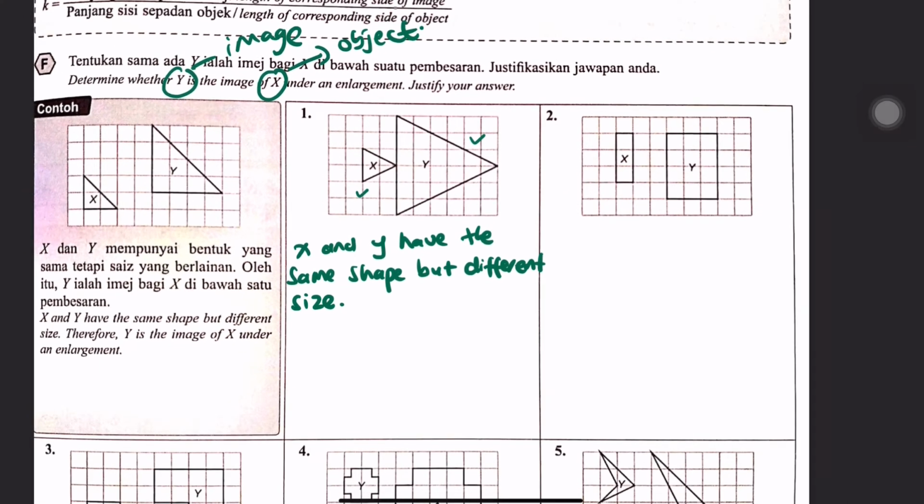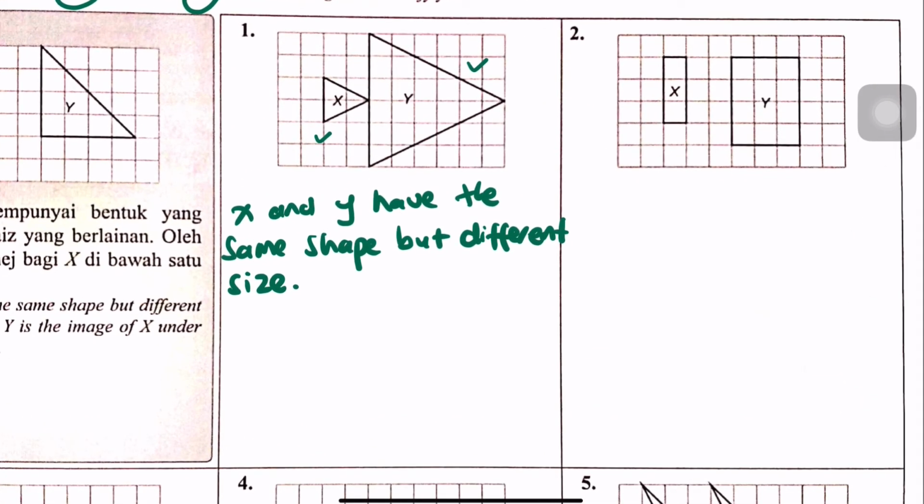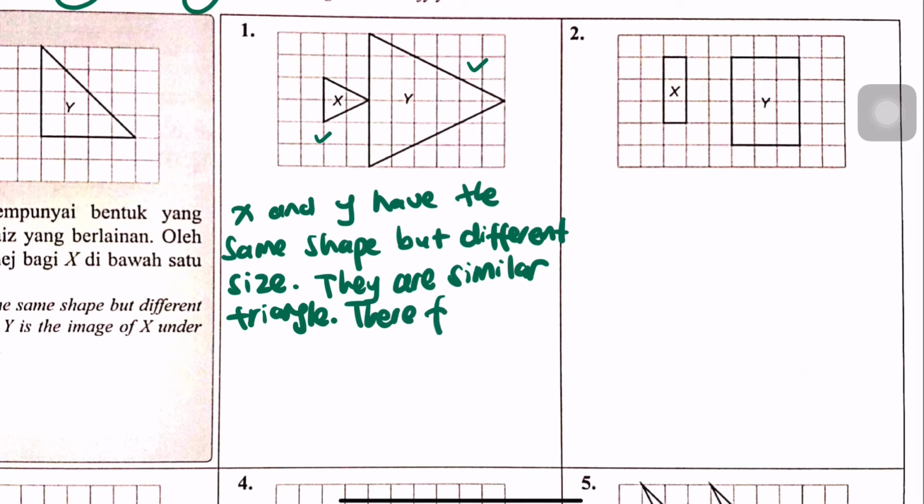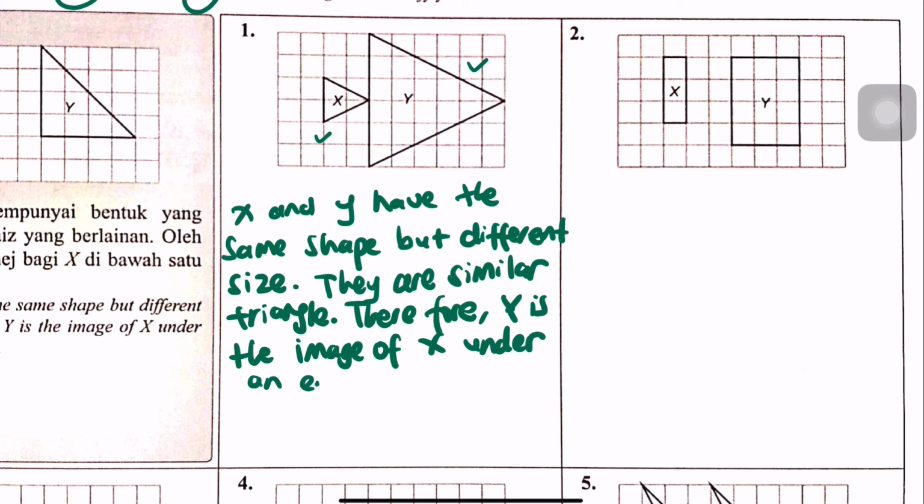They are similar triangles. Therefore, Y is the image of X under an enlargement. So how are we so confident saying that they are similar?